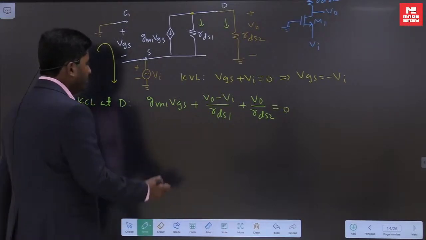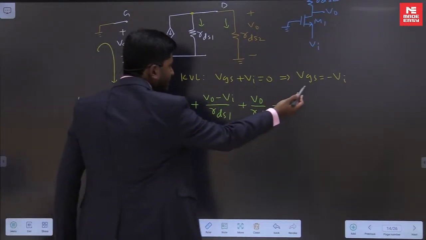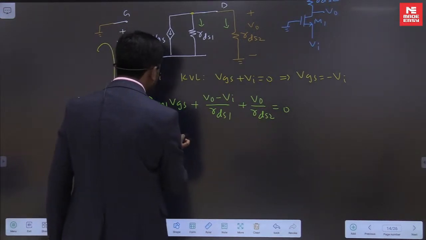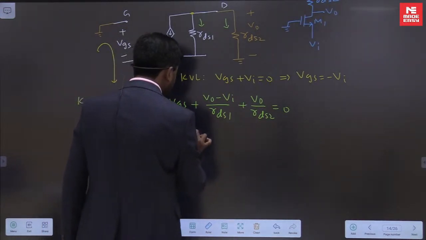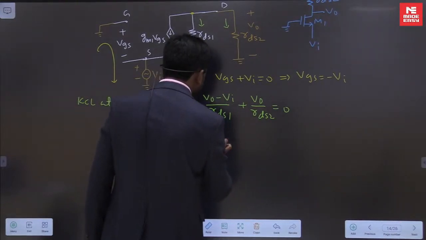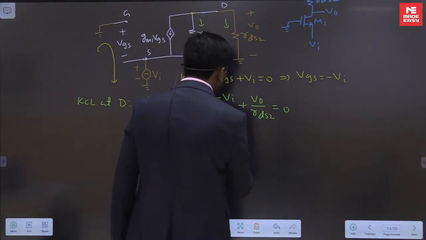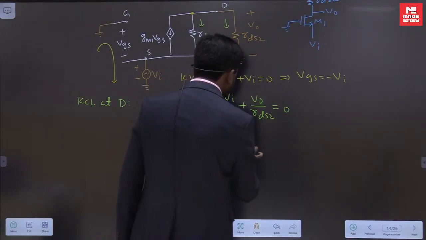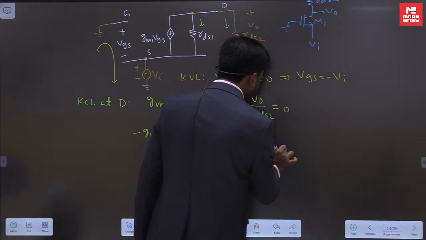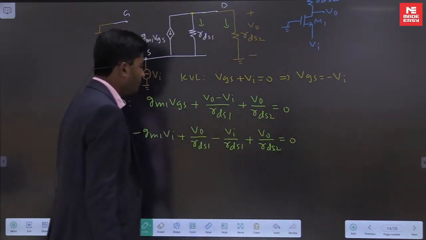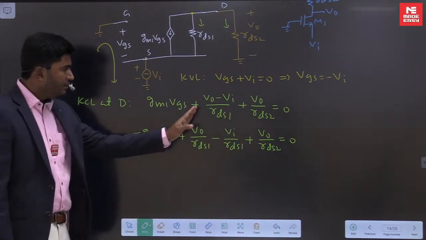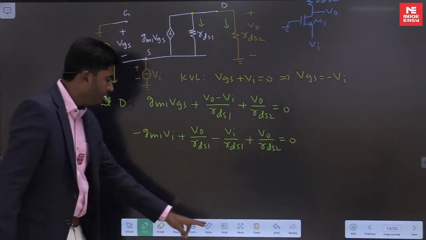Now you can put VGS as minus VI. It will become minus GM1 into VI plus V0 upon RDS1 minus VI upon RDS1 plus V0 upon RDS2 is equal to 0. VGS I have replaced with minus VI and this term I have separated.